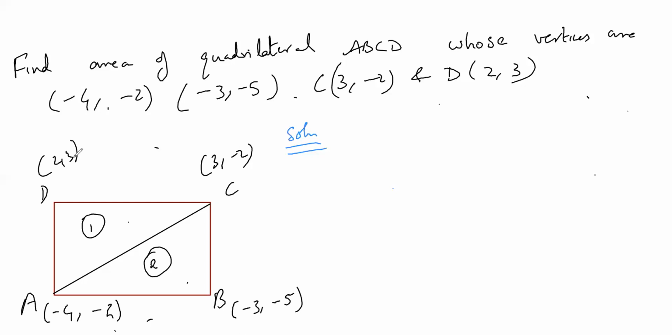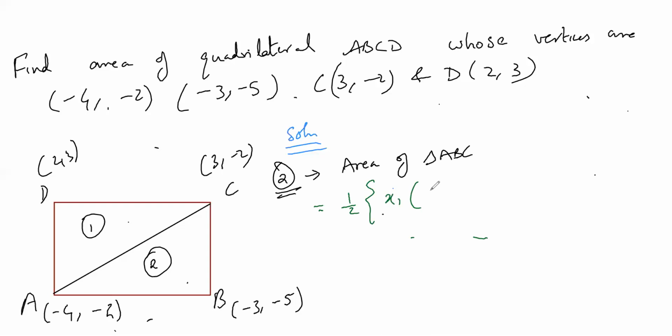So first I'll take triangle ABC, the lower triangle. Area of triangle ABC is what? Now I'll write the formula. Half into x1 into y2 minus y3. If x1 is there, I have to use 2 and 3.